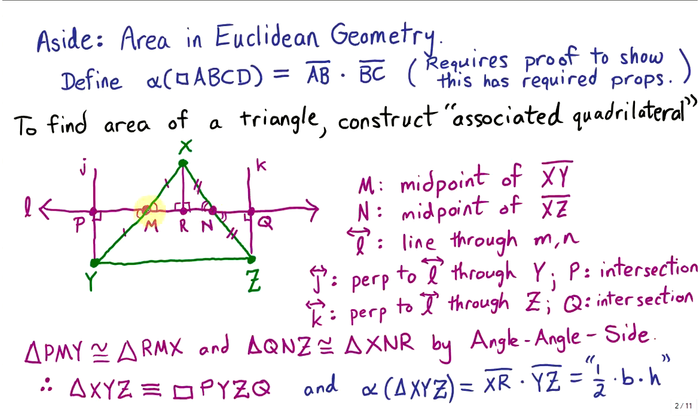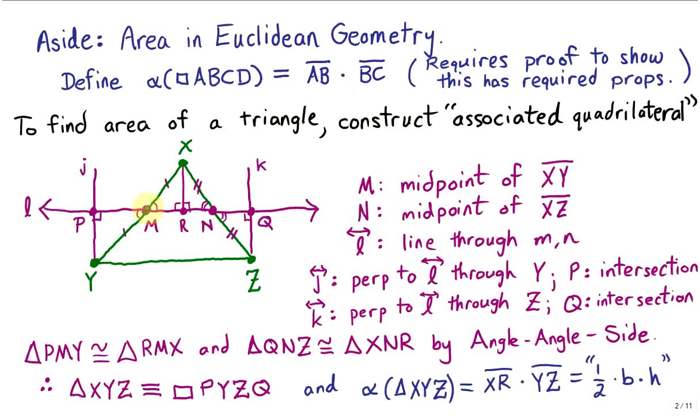Draw the line L, which passes through the points M and N, and then construct a perpendicular to L through the point Y. We'll call that J, and where J intersects L, we'll call that the point P. Similarly, we'll construct a perpendicular to the line L, which passes through the point Z. We'll call that line K, and the intersection of K and L, we'll call that point Q.